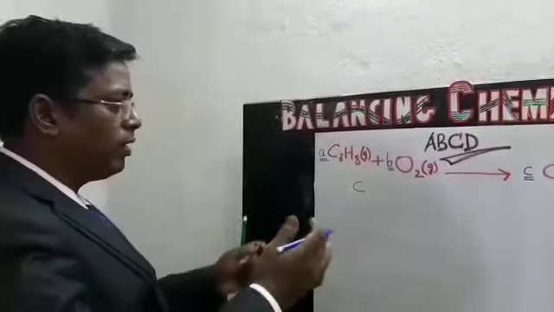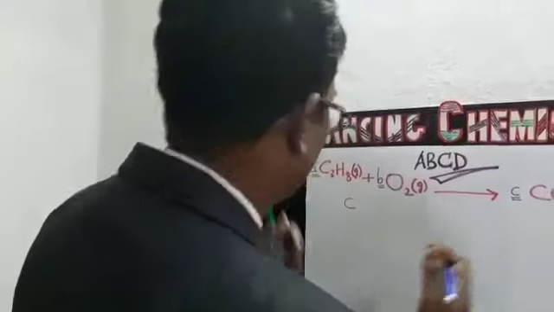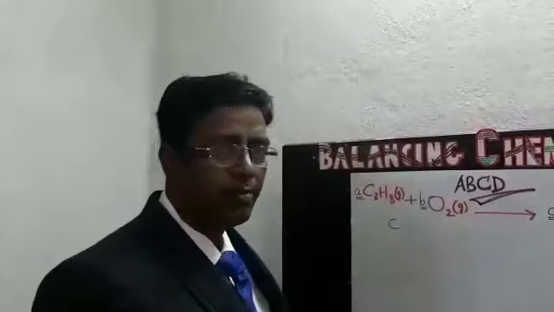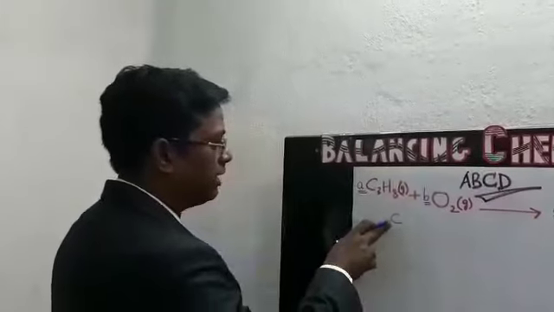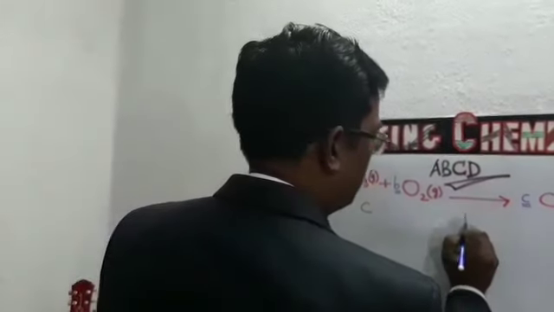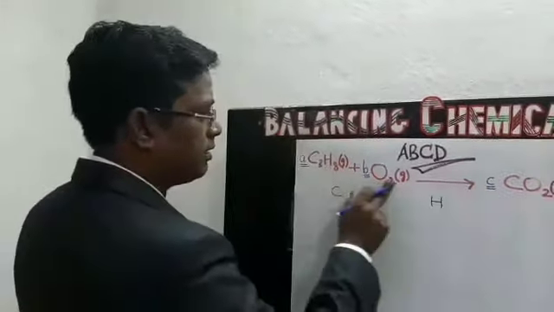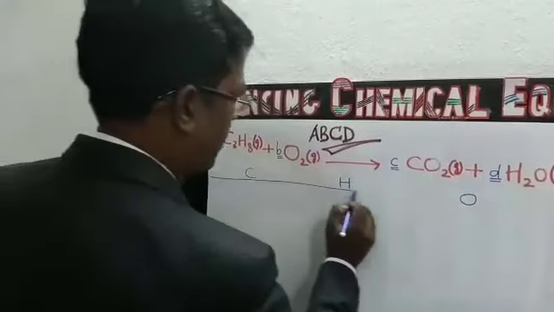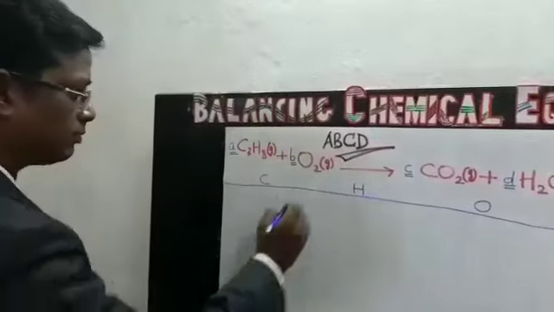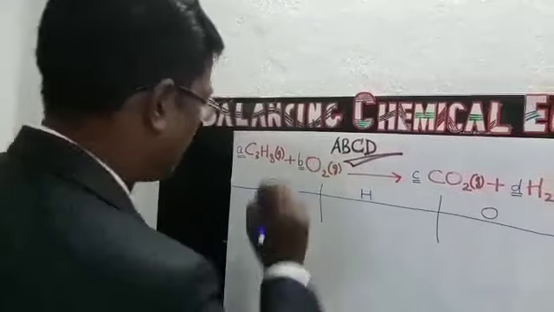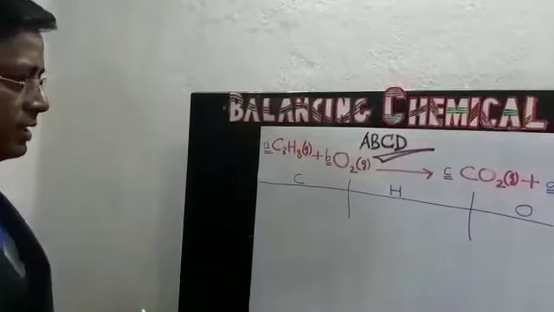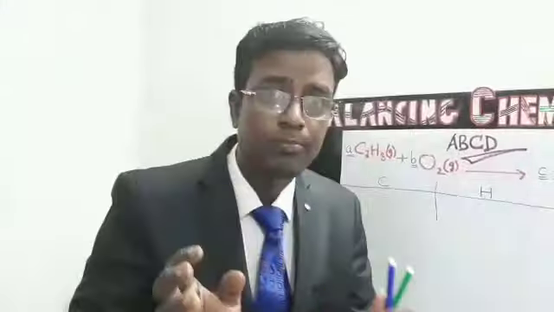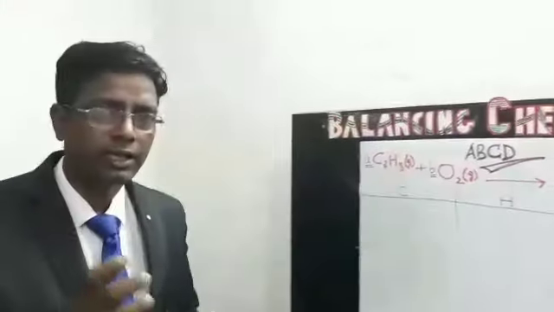Now we will try to find out what kinds of atoms are participating. Here the elements are carbon, hydrogen and oxygen. Now we'll form very simple linear equations for each of them.